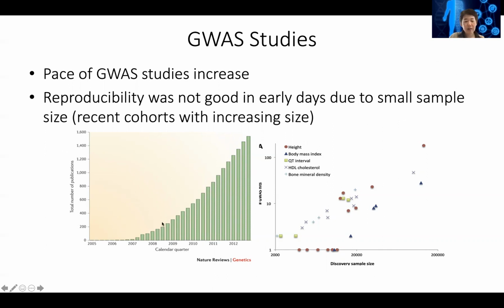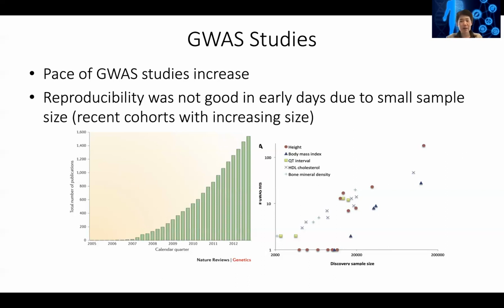In the early days, when the cost was high and people didn't have enough data yet, collecting sample cohorts was very time consuming. It could take decades to collect enough patients for some case control studies. So in the early days, they were looking at cohorts of only a few hundred patients, and sometimes they might find a SNP that gives some association.